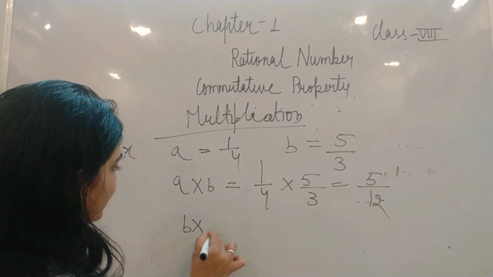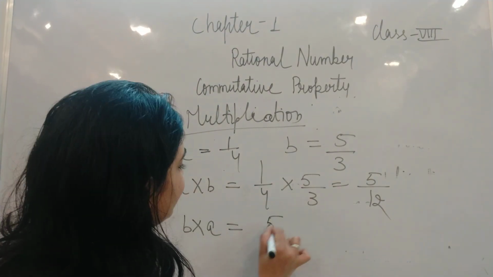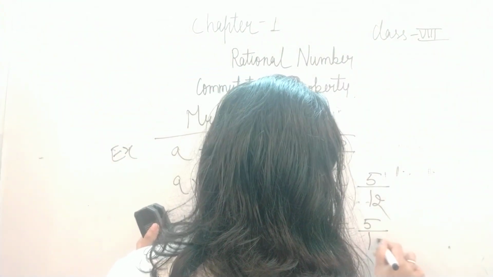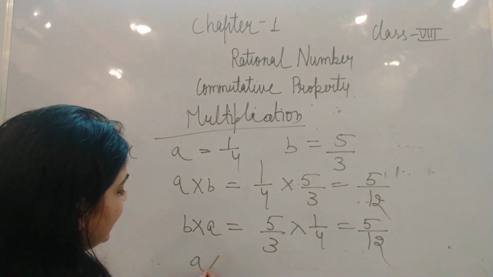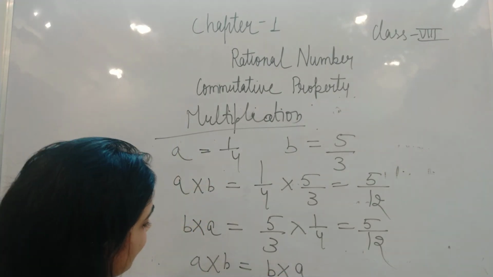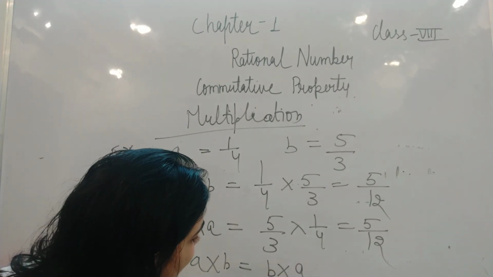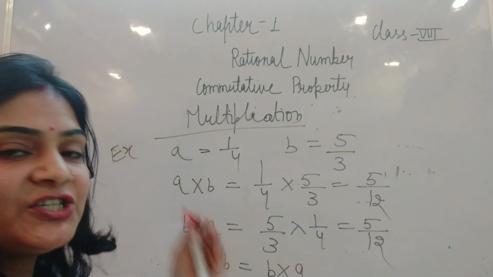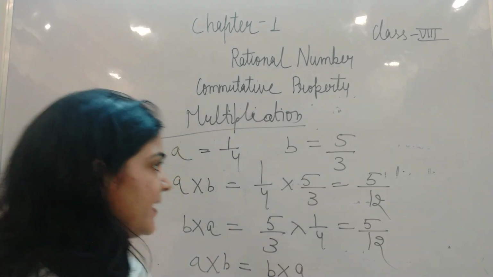Now we will do b multiplied with a, then what will we get? 5 by 12. It means a multiplied with b is equal to b multiplied with a. 5 by 12 is equal to 5 by 12. So we say that multiplication is commutative for rational numbers.